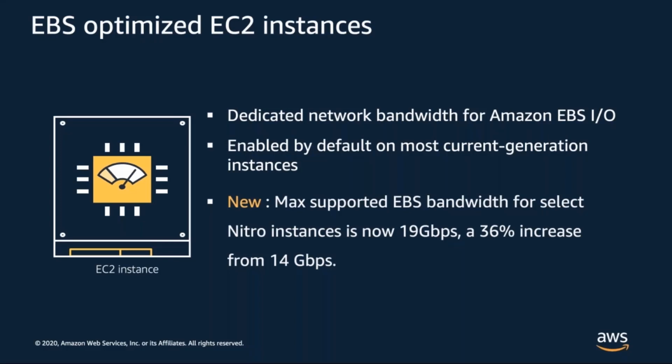When attached to an EBS optimized instance, GP2 or general purpose volumes are designed to deliver their baseline and burst performance 99% of the time, whereas IO1 or provisioned IOPS SSD volumes are designed to deliver their provisioned performance 99.9% of the time. Last year, we introduced a 36% increase for select Nitro instances for EBS bandwidth from 14 gigabits per second to 19 gigabits per second.